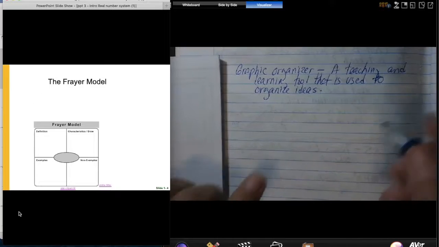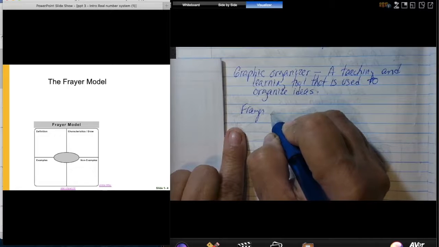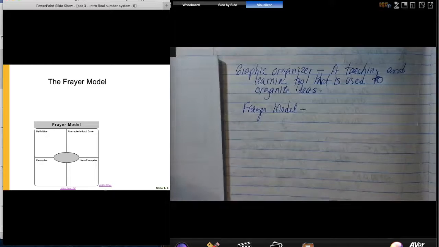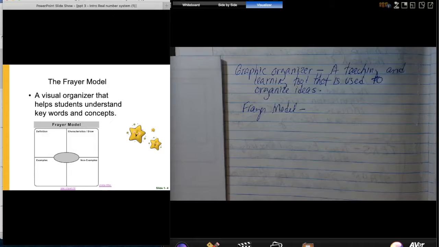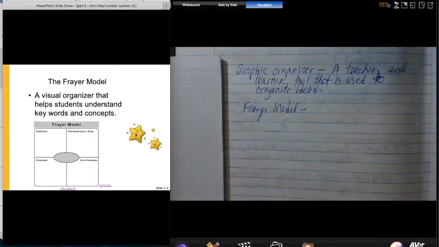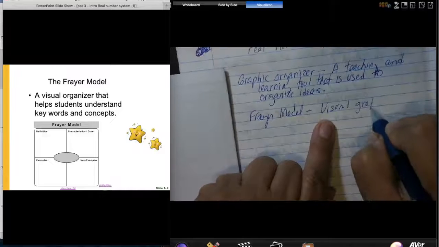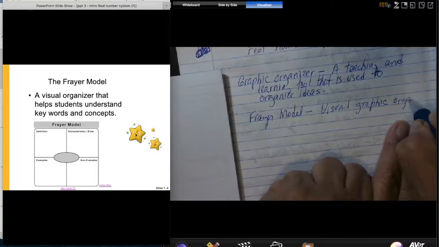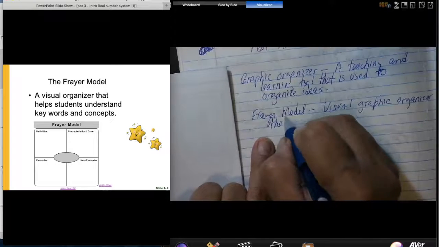Next, we have the Frayer model. Now, the Frayer model is used to define vocabulary terms. It is a visual graphic organizer that helps students understand key words and concepts in vocabulary.